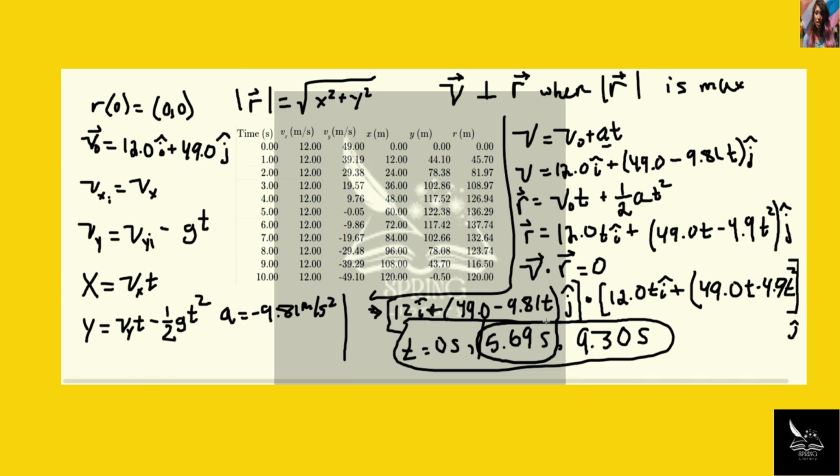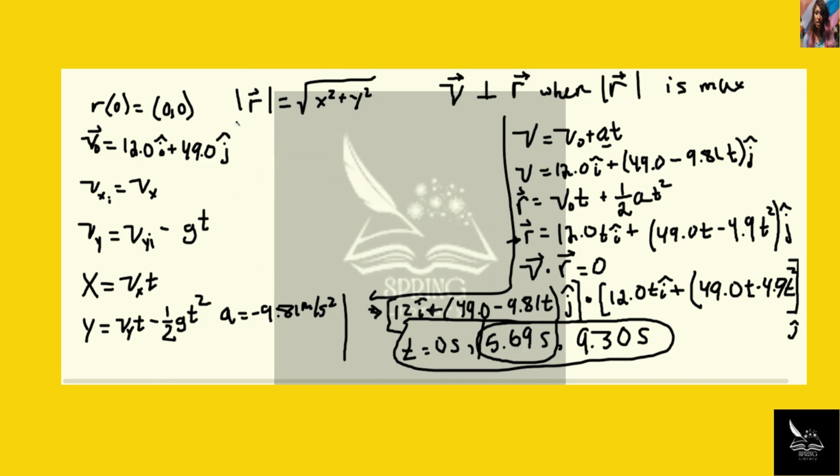All right, so we want to substitute this value of t into the equation of displacement, which is this equation right here. And what I'm going to do, I'm actually going to take my lovely table and move this to the side so we can actually have some more space here. Put that right there. All right, so we're going to take our r equation here, and we can now plug in the 5.69 seconds in each one of these.